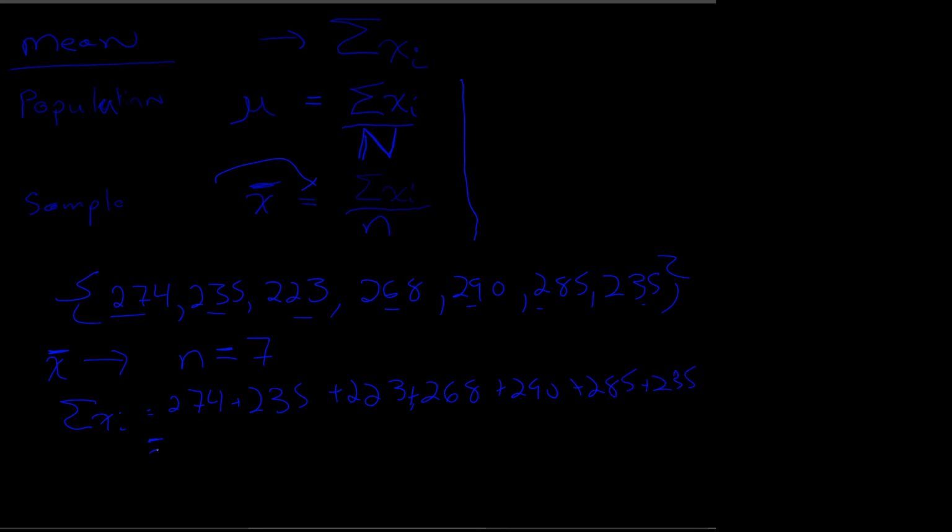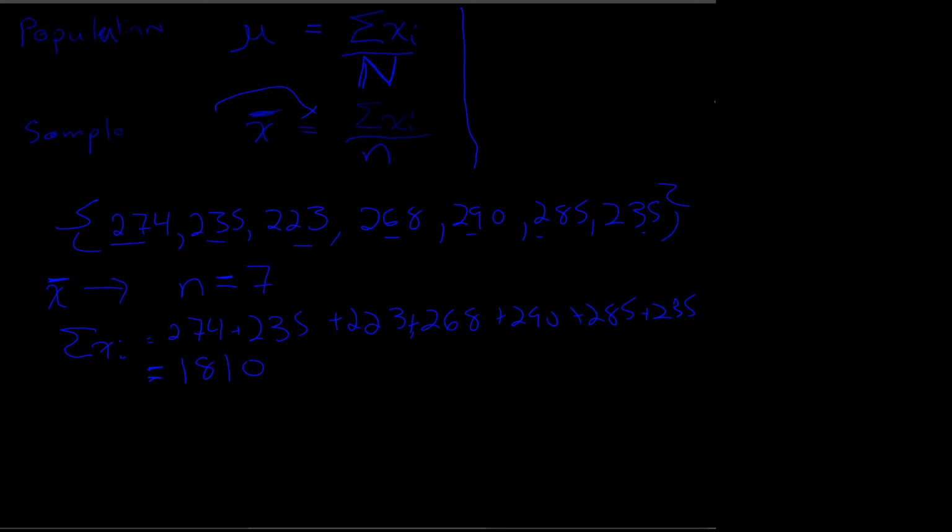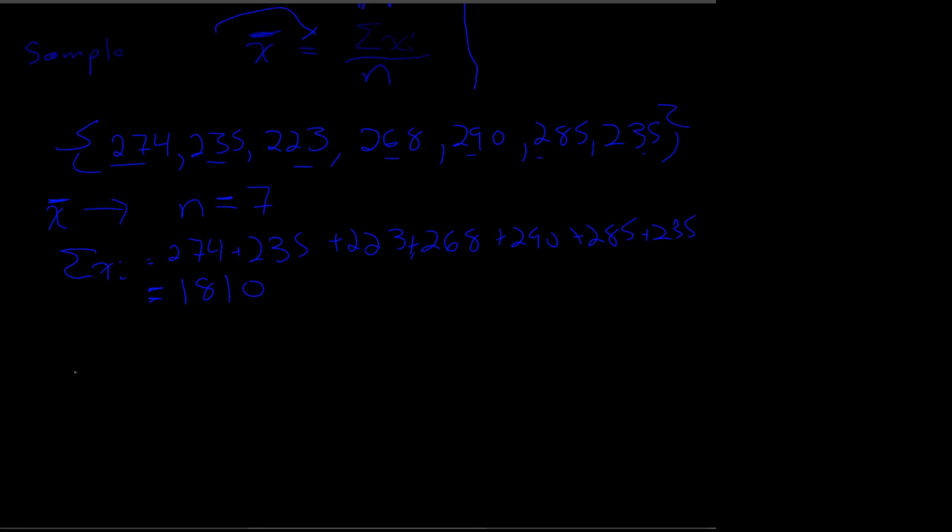I type that in, and I get 1,810. But to find X bar, I need sigma x_i, the sum of all the x's, divided by n, which is 1810 divided by 7.